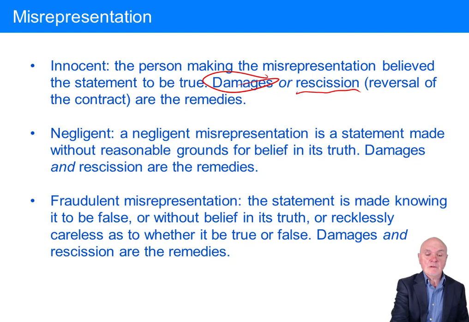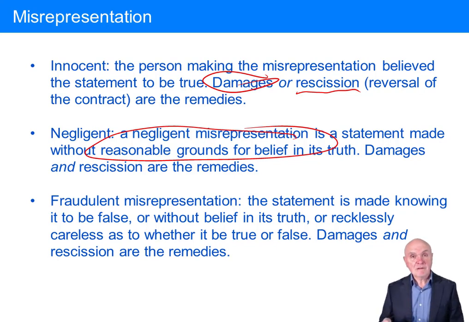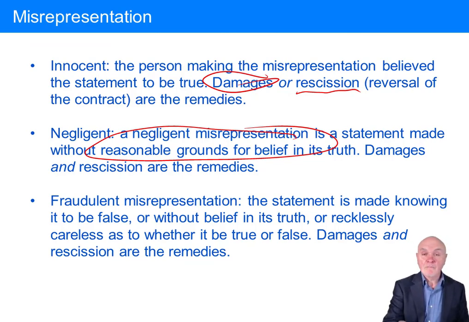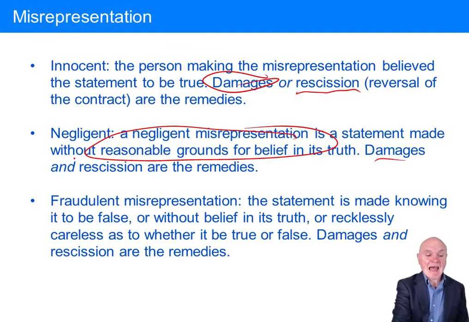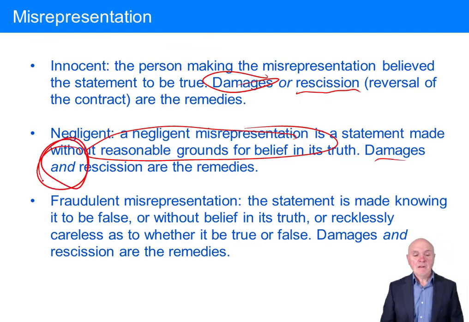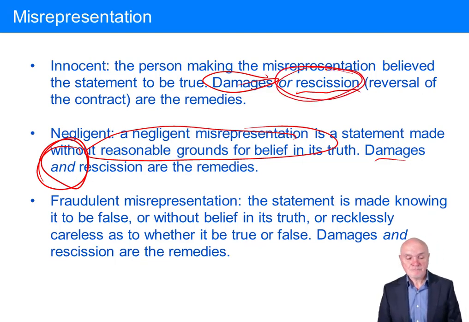That's no reasonable grounds I would have there for belief in its truth. And there, this is getting more careless really. Here the compensation, if you like, is damages and rescission. Okay. Note the quite, I always think, quite difficult spelling of the word rescission.